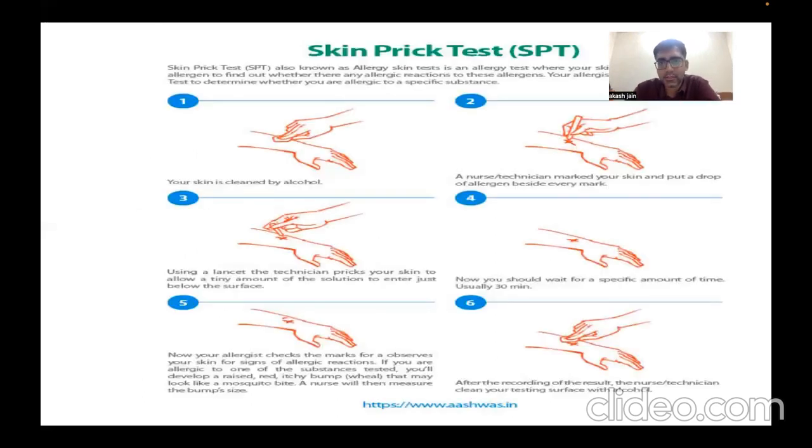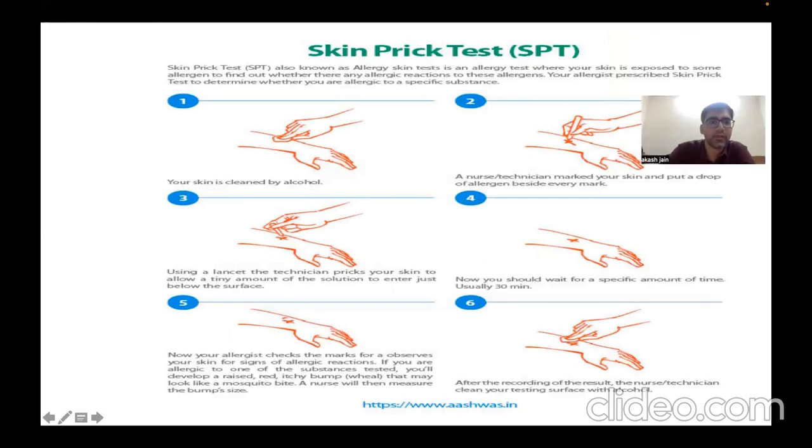So this is a representation of the skin prick test, also known as allergic skin test, in which the skin is exposed to some allergen to find out whether there is an allergic reaction to such allergens. You have to clean the skin with alcohol, and then the area is marked on the skin and a drop of allergen is put beside every mark.